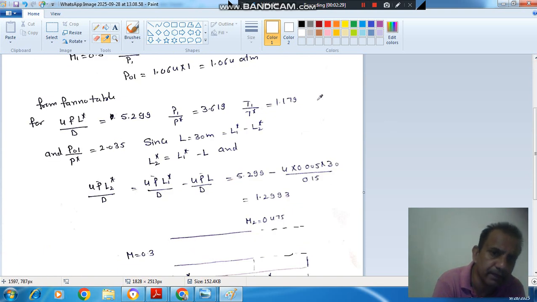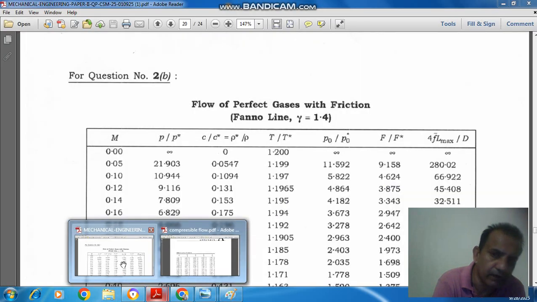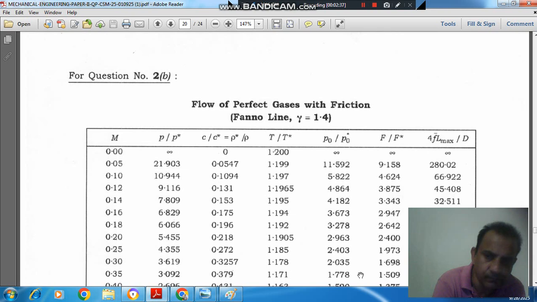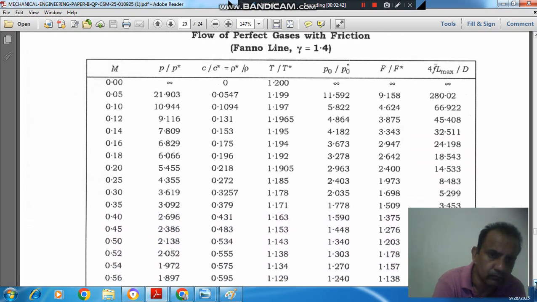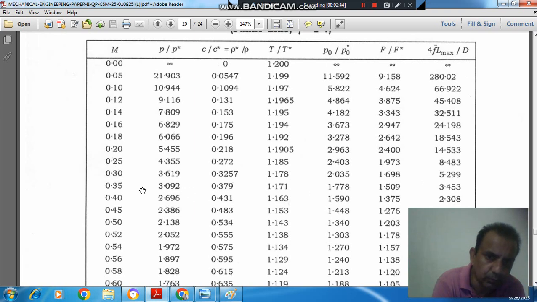Corresponding to Mach number 0.3 in the Fanno flow, on the 0.3 line, we get 4f L max by D, or L star by D, 5.299, and other data are also there: P by P star, T by T star, P naught by P naught star. So we'll note down these data.